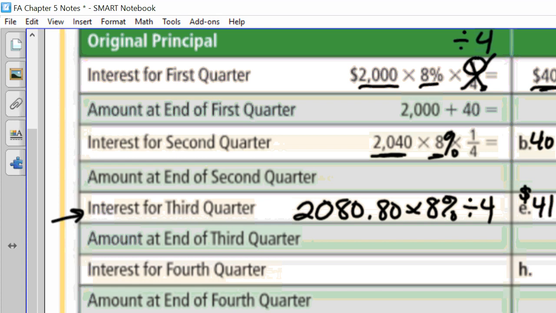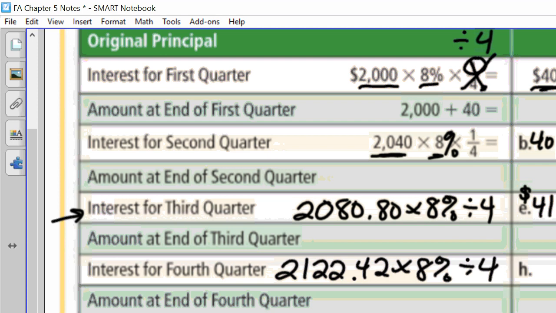These two. $2,122.42. Yay! So then we take that here, 2,122.42 times it by the 8%, divided by the 4. Mikey, what do we get? 42.45.